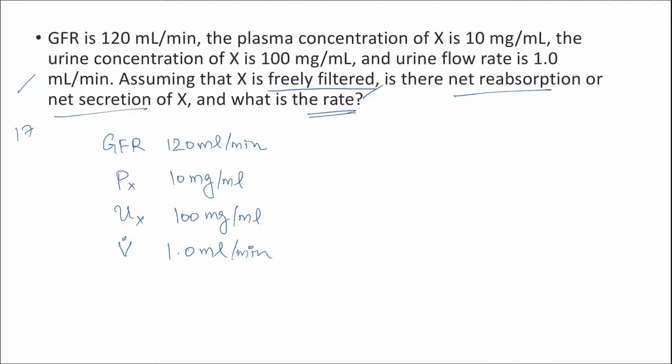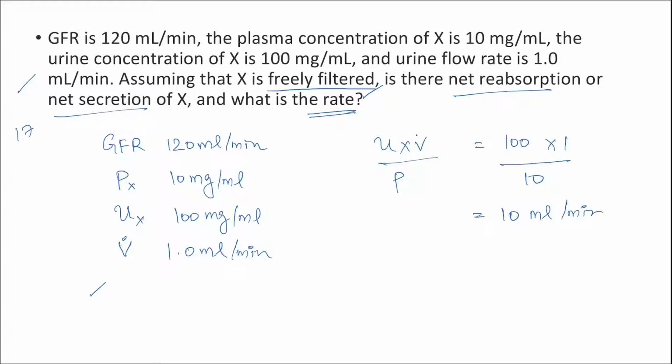First, let's find out the clearance of the substance, and that is by the formula UV by P. So that would be 100 multiplied by 1 divided by 10. So this would give us 10 ml per minute.